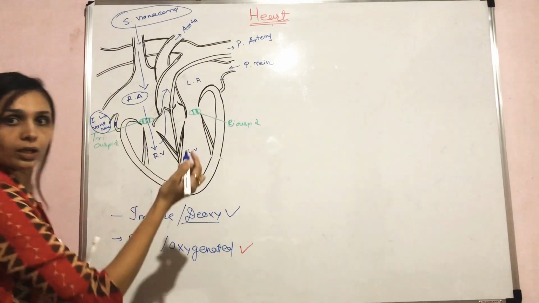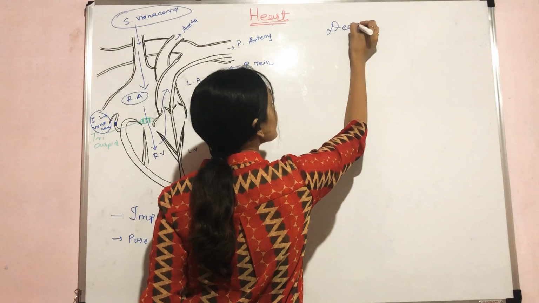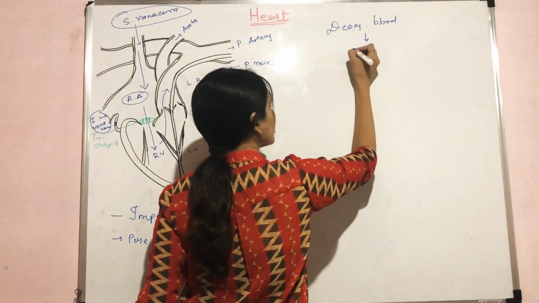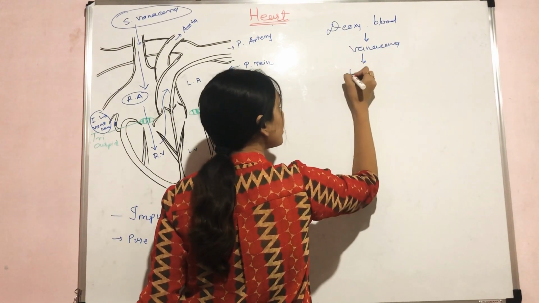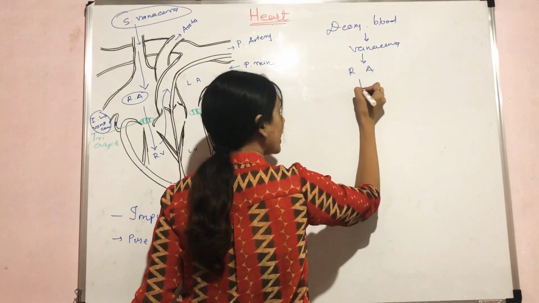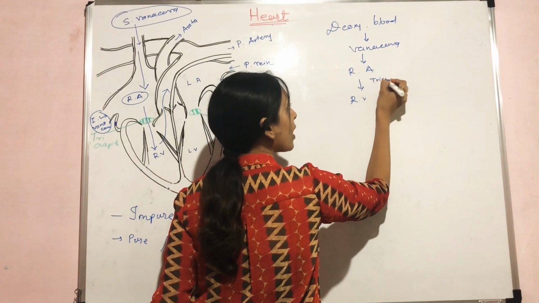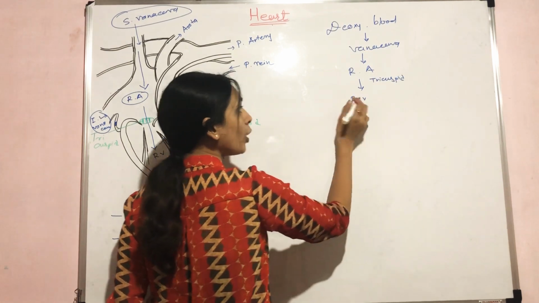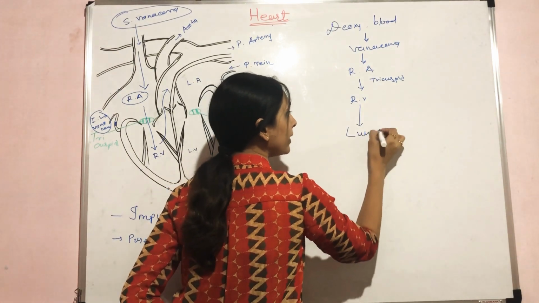So we will write first: deoxygenated blood through the vena cava comes into the right atrium, then to the right ventricle through the tricuspid valve.